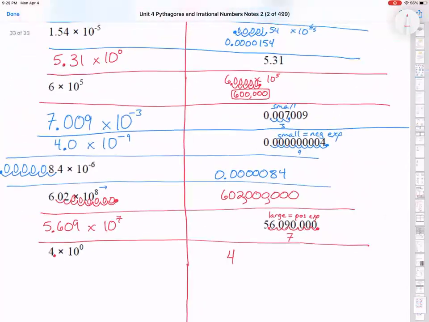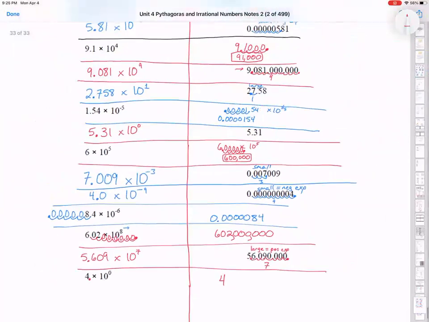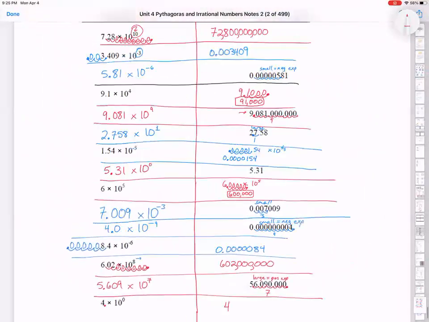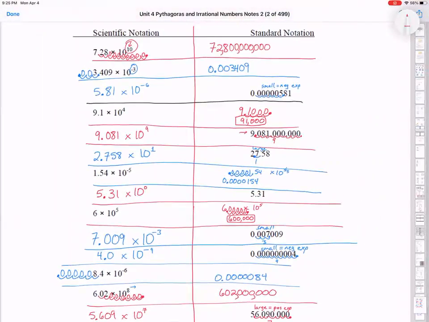So just a quick recap. Those are our different answers for this scientific notation and standard notation. You guys are going to need to know how to be able to go back and forth between the two. So, this sheet right here is a very excellent one. I will say some students get mixed up on what is what, like which way do I need to go?